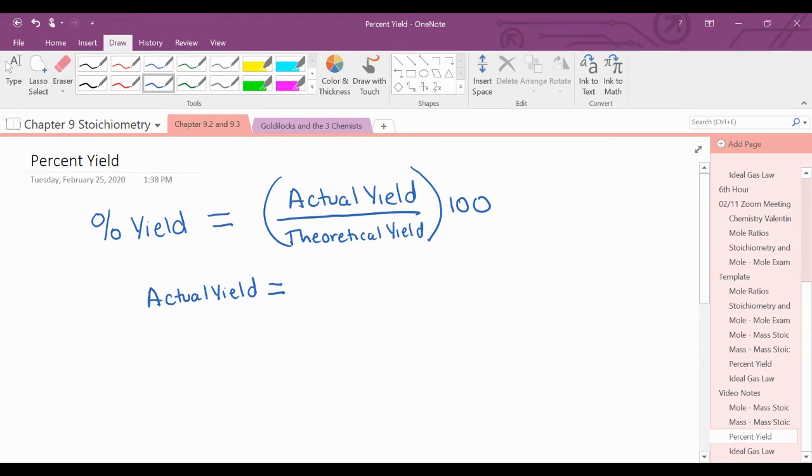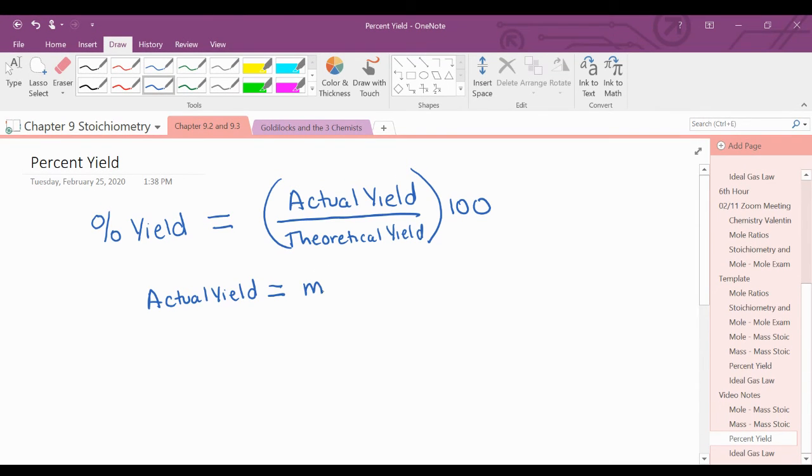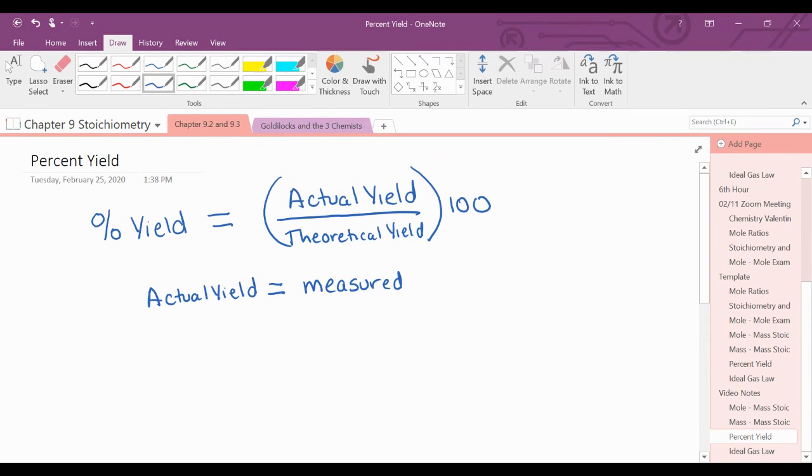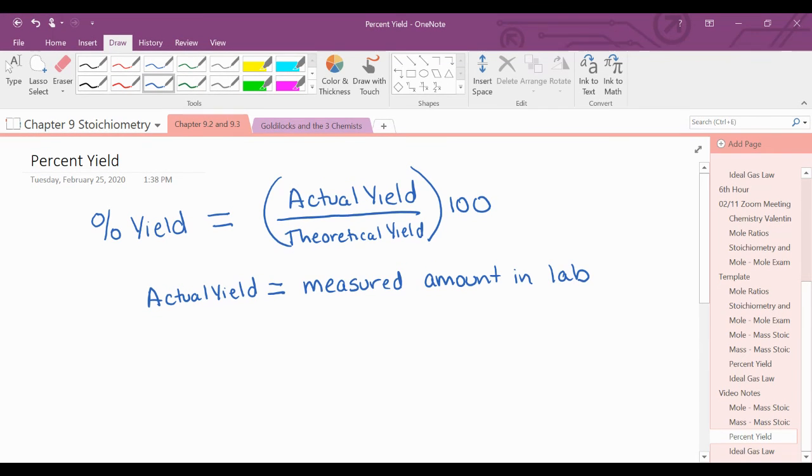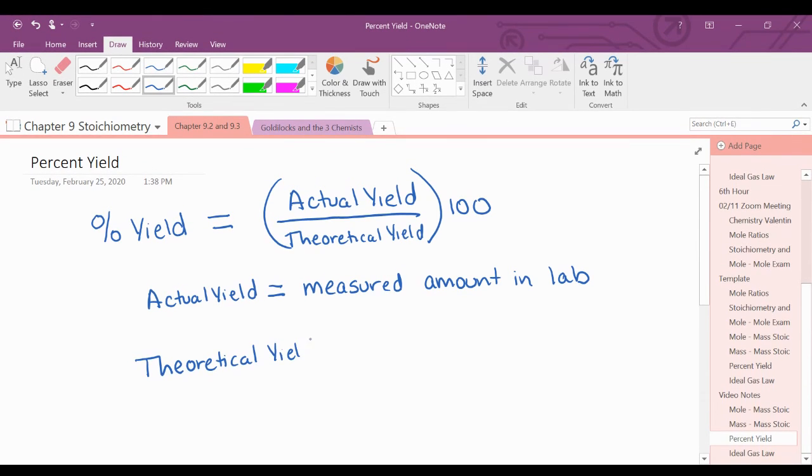The actual yield is the measured amount in lab. You carry out the reaction and you find the mass of your product. Theoretical yield is the calculated amount.